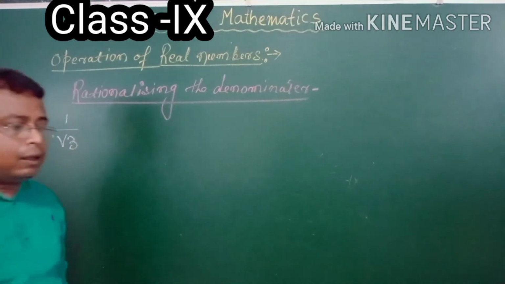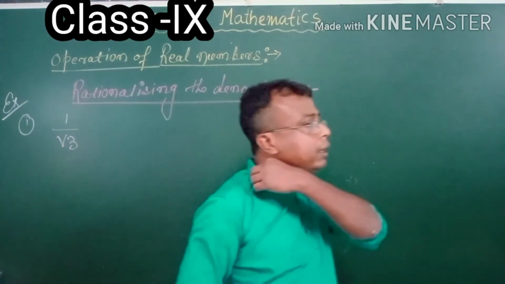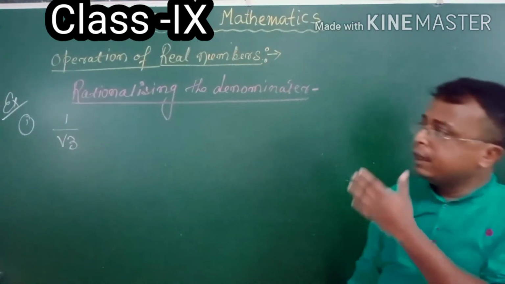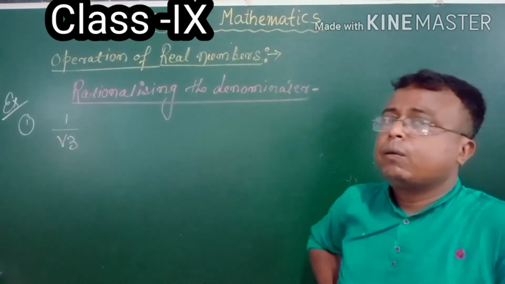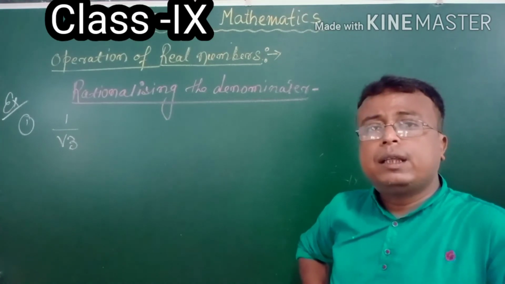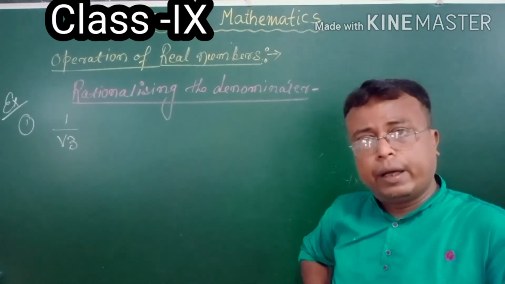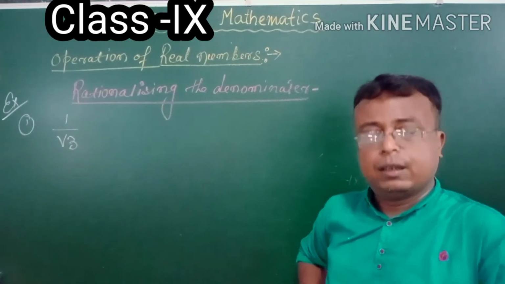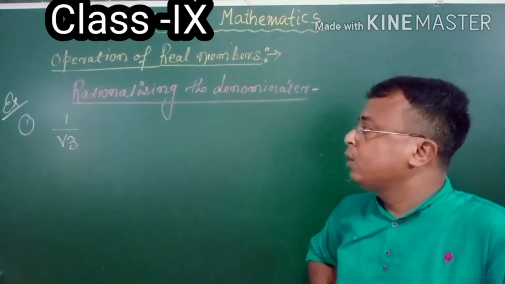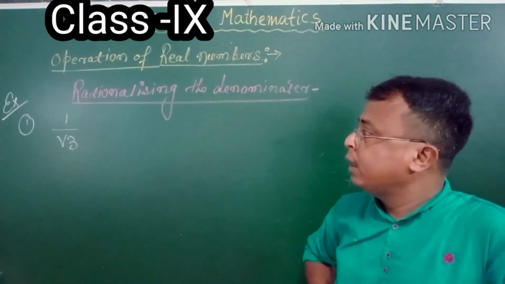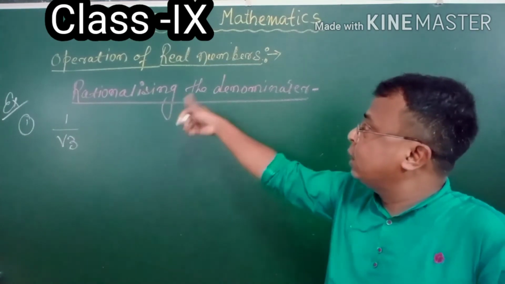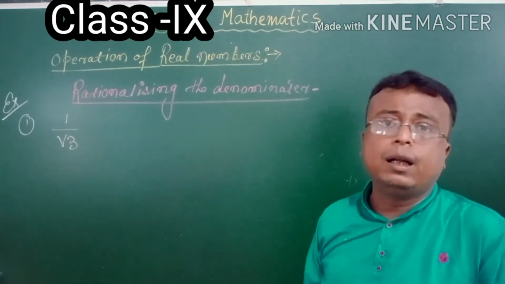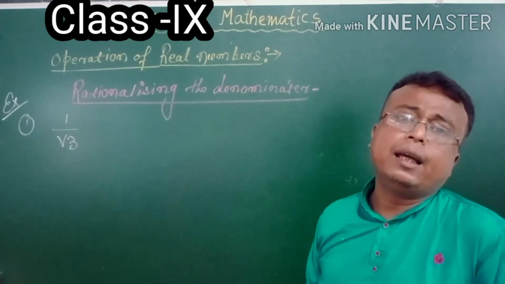Now you have to make the denominator rational. Is it clear? You have to make the denominator rational. That process is called rationalizing the denominator. So in this topic we will learn how to rationalize a denominator.